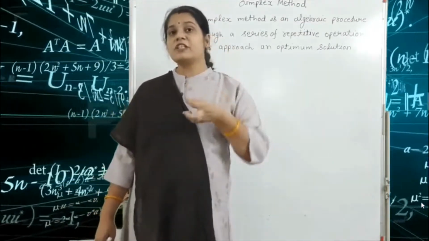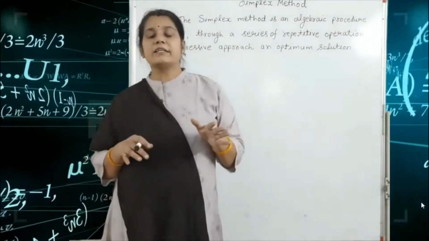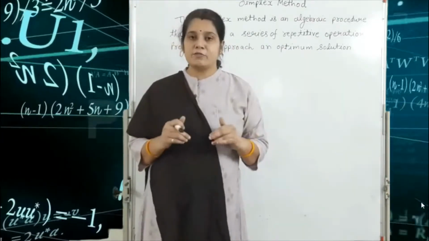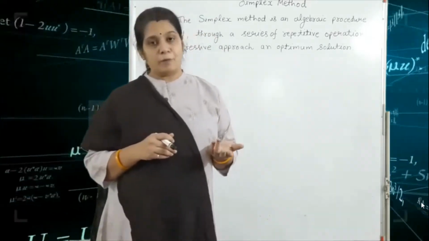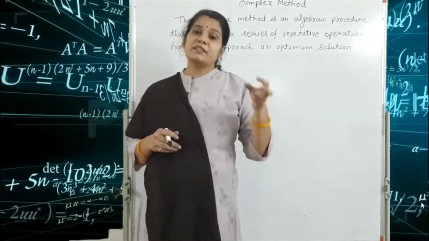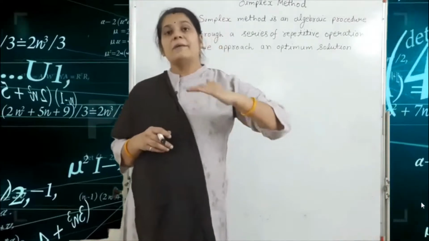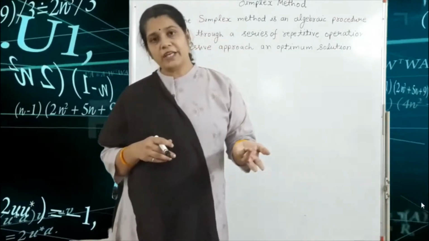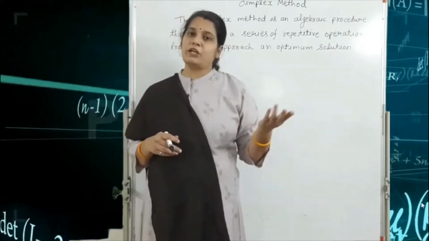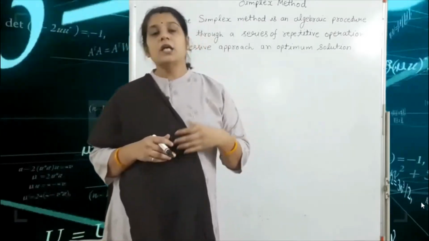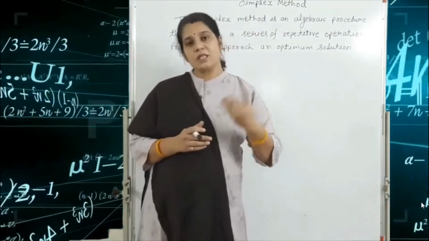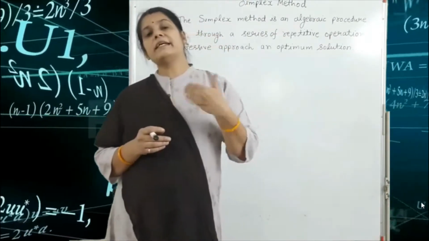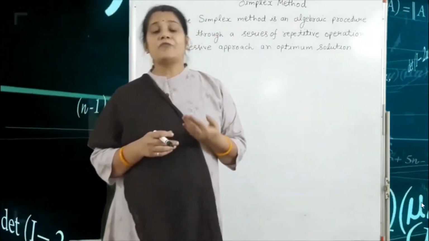Sometimes a question is given in sentence form, so first you convert it into the formulation of the LP problem, that means we convert the problem into mathematical equations. We have already seen this in the topic of formulation of the LP model or linear programming problem. So first we formulate the LP model.